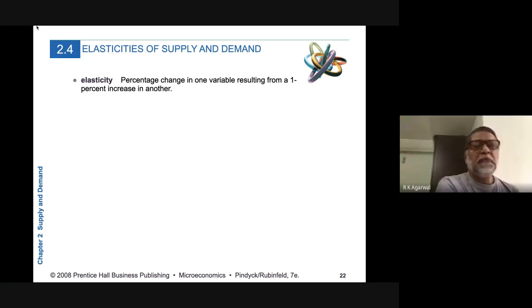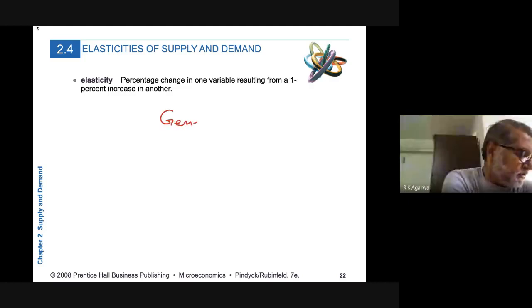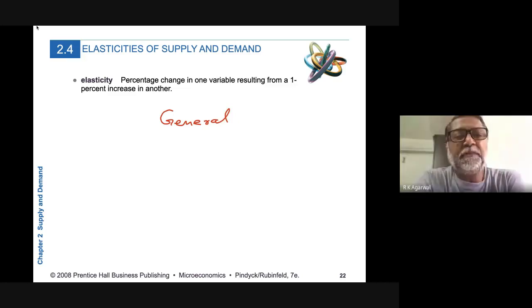Okay, so this is what we have. Elasticity is a very general concept. It can be elasticity of demand, elasticity of supply, income elasticity, production elasticity, anything. So what does elasticity in general mean? It means the percentage change in one variable resulting from a 1% change in another.